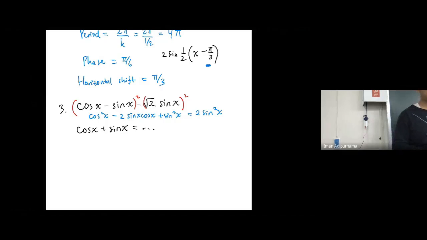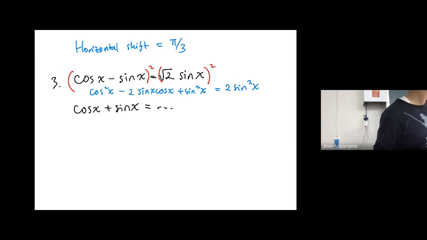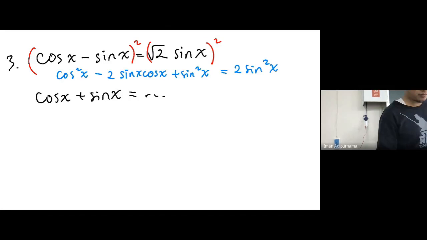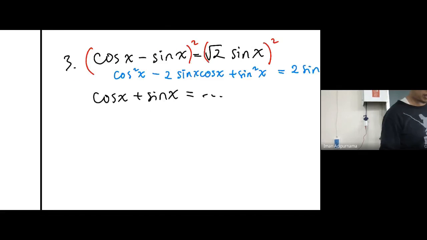Cos squared plus sine squared becomes 1. Sine x cos x becomes sine 2x, right? Let me move this.